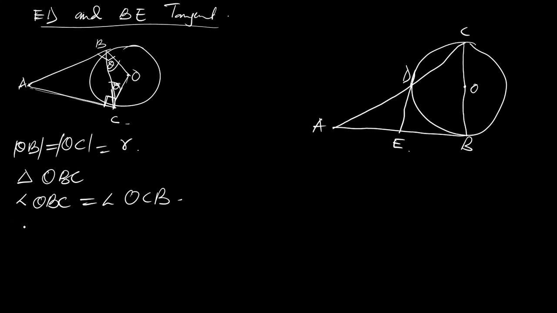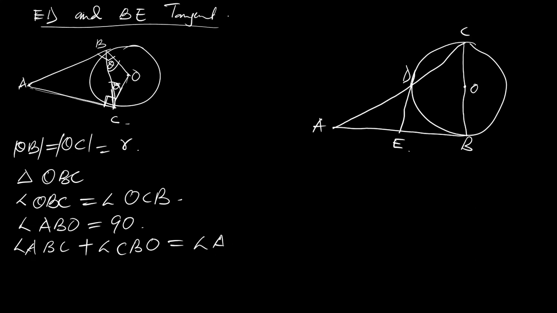Now since they are equal, angle ABO is 90 degrees, so angle ABC plus angle CBO is equal to angle ABO.